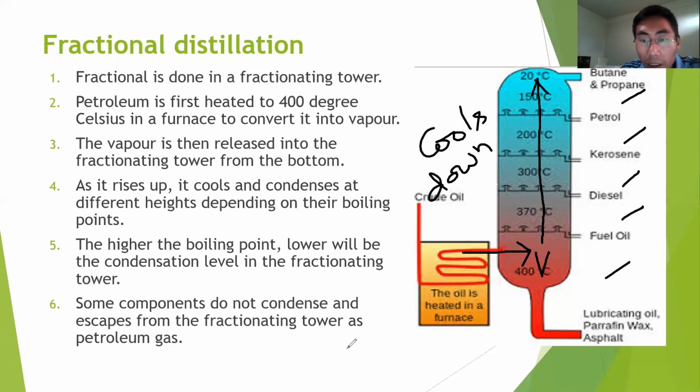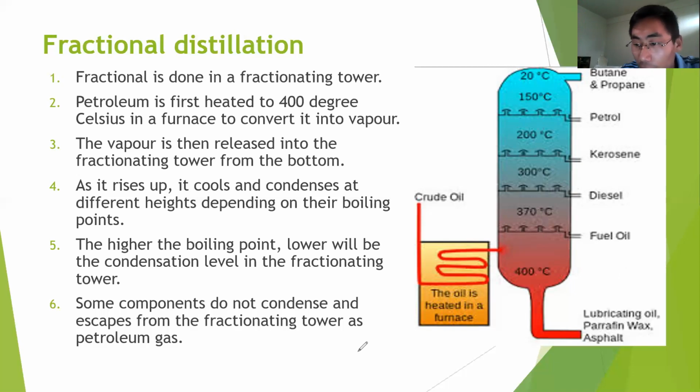Now here's the thing, you are all aware of the fact that in crude oil there are so many components, like petrol, diesel, then kerosene, then you have lubricants, then paraffin wax, then bitumen.